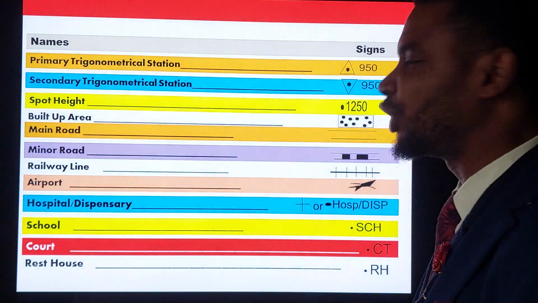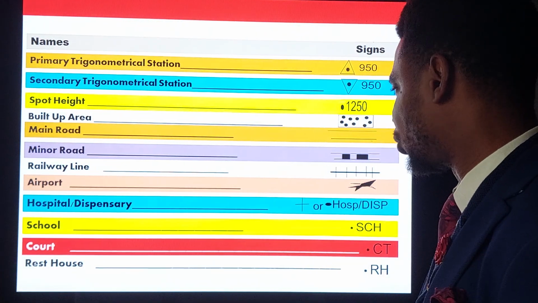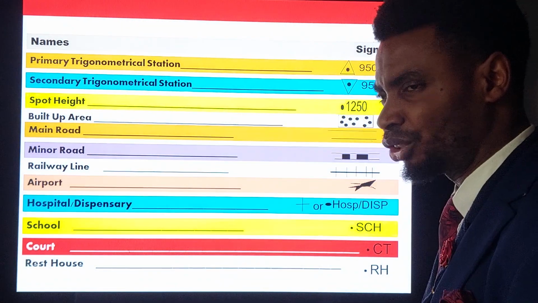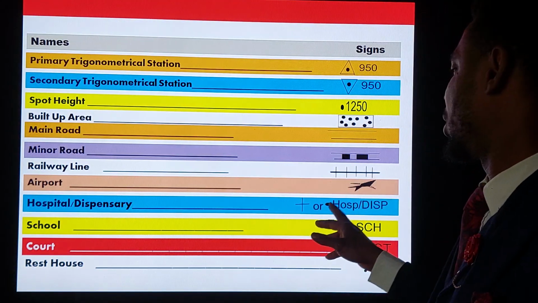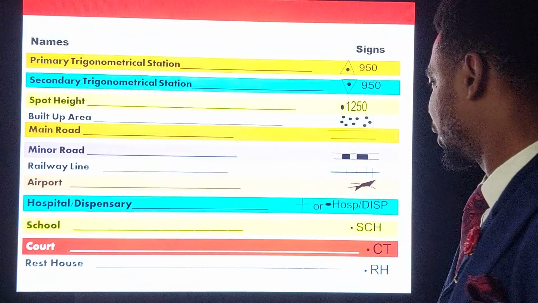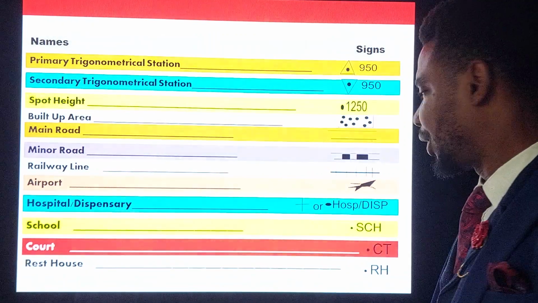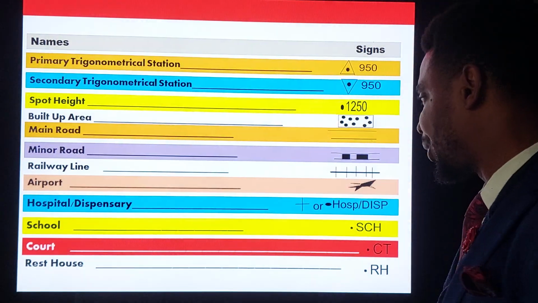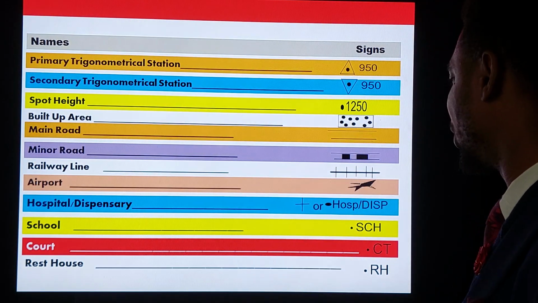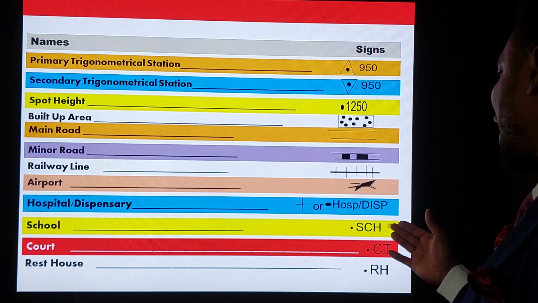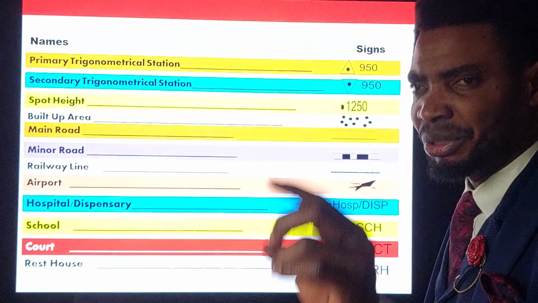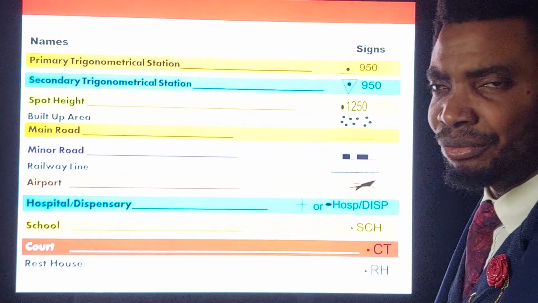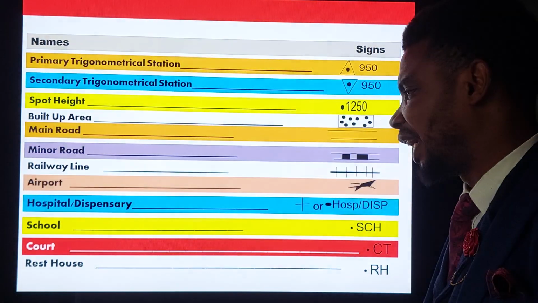Then hospital or dispensary, where people get drugs and medicine and get treatment. So you see either a cross or hospital with a dot or a DISP, HOSP or DISP. That is for hospital. Then for school, you have a dot and SCH. That is a school. If you see that sign, it means that there is a school here, an environment that is good for learning.